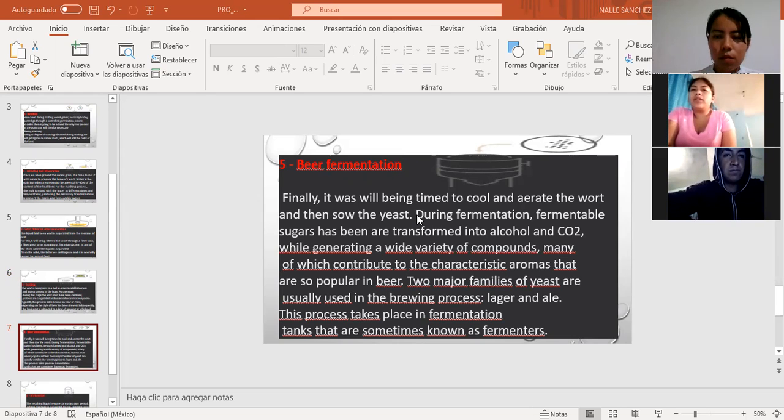Two major families of yeasts are usually used in the brewing process, lager and ale. This process takes place in fermentation tanks, which are sometimes called fermenters.